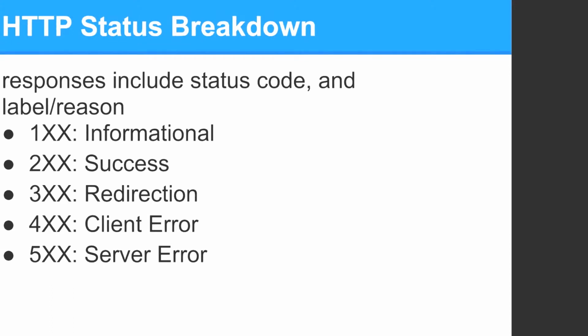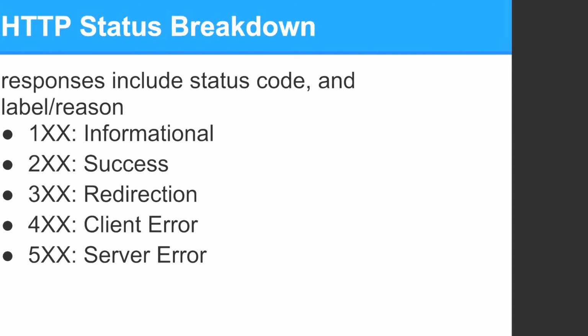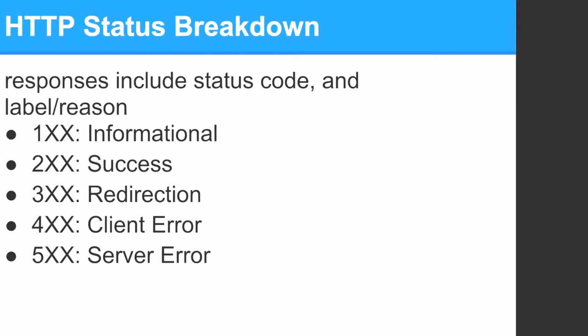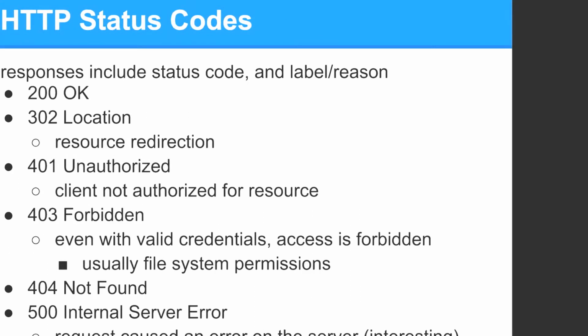Perhaps the resource you're trying to locate was previously located here, and we're redirecting you to its actual location. The 400 series is client error. The most common one that you should all be familiar with is HTTP code 404, which means resource not found. And then the 500 series are interesting for us as vulnerability analyzers because that indicates that something has gone wrong in the server. And that's always interesting.